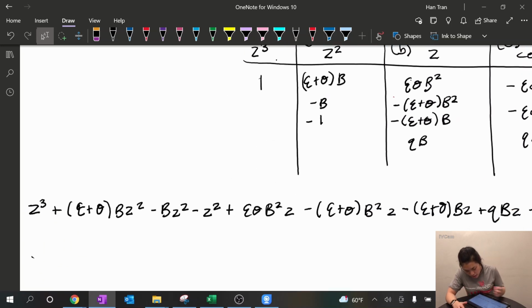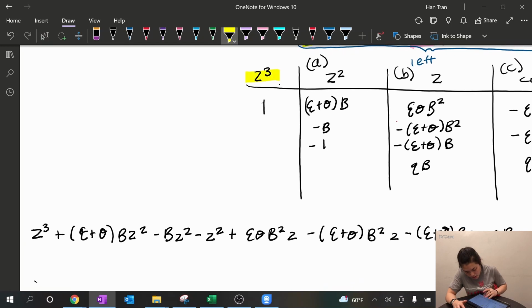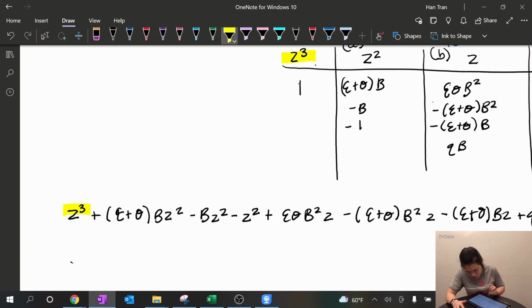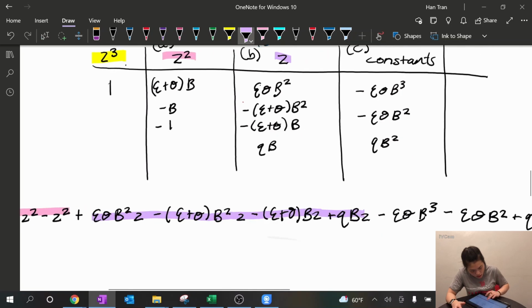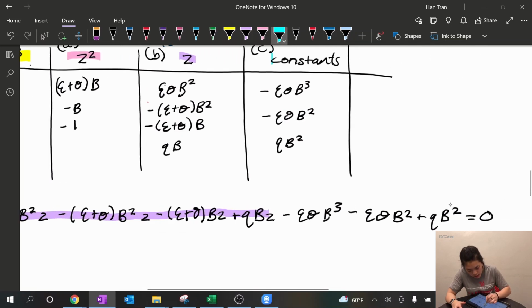So to clarify, these are the compressibility factor cubed terms. These are the compressibility factor squared terms. These are the compressibility factor terms. And then lastly, these are the constants.